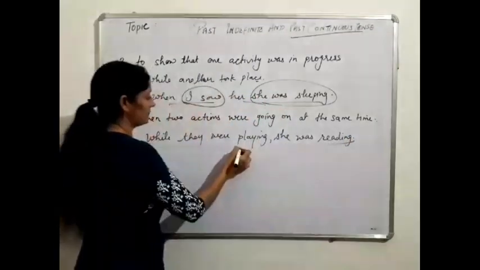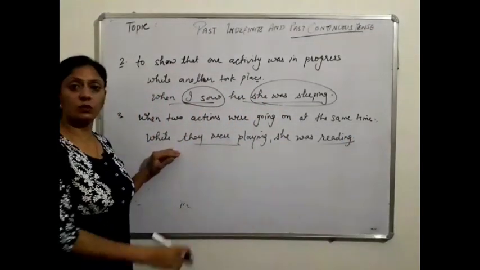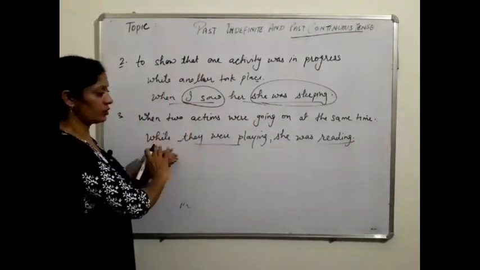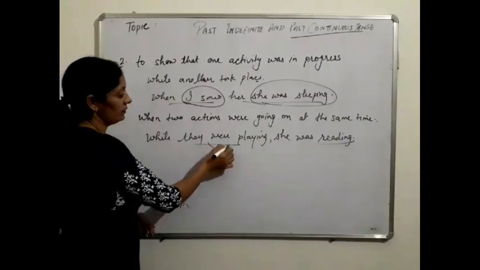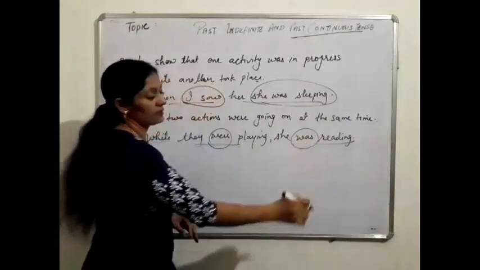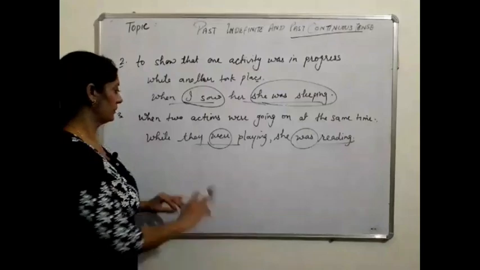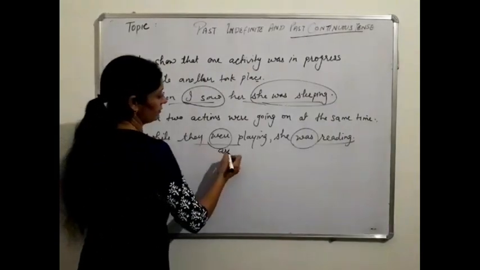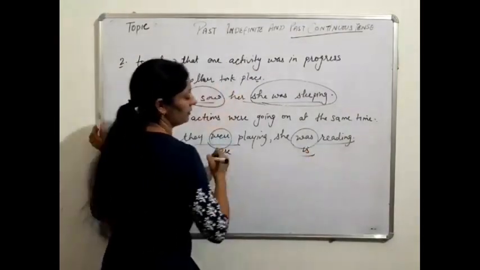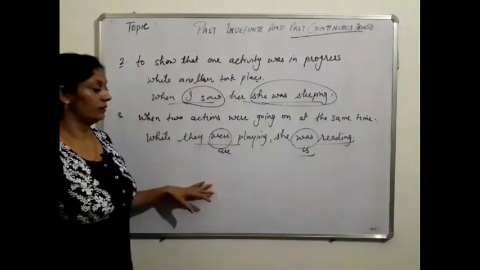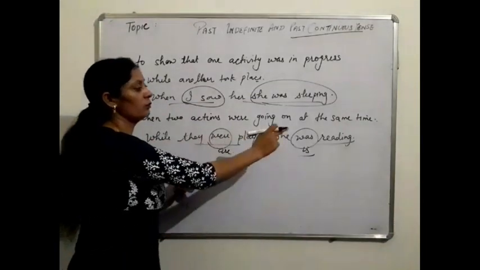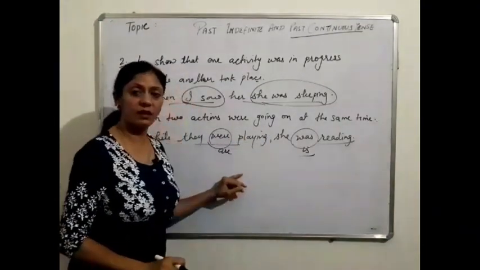See this sentence. Two actions were going on, two actions were in progress, but in this one we can also use present continuous. Both are correct here. While they are playing, she is reading. This one is also correct. While they were playing, she was reading. This one is also correct.